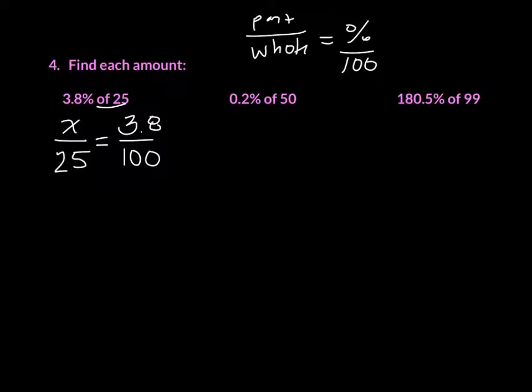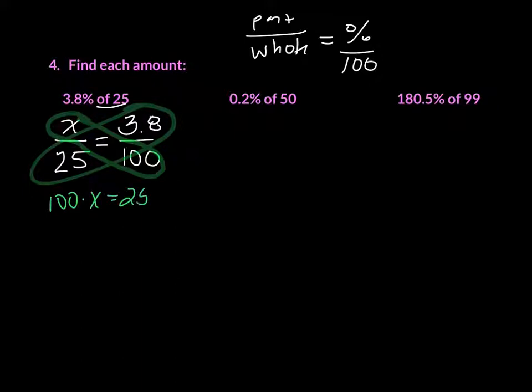I know the next thing I'm going to do is cross multiply. I'm going to do these the same way each time. So we've got 100 times X equals 25 times 3.8.